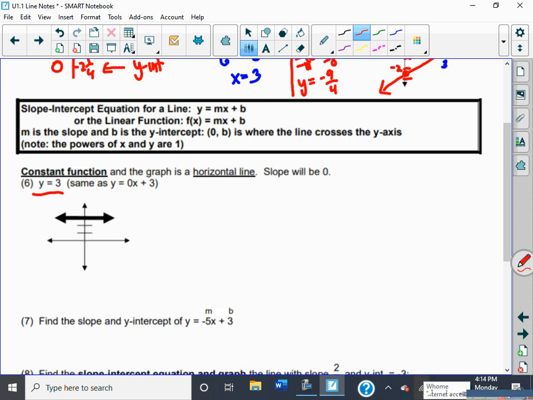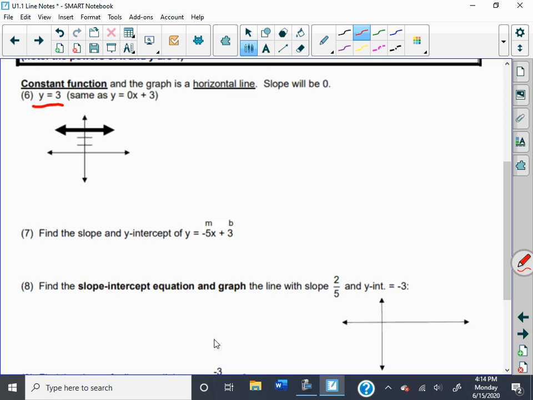Let's see, it's a function. If you remember, how do you even determine if it's a function or not? Well, it passes what's called the vertical line test. If you were to draw a vertical line anywhere through your graph, it's only going to intersect the graph one time. For example, the graph that's not a function could be something like this.